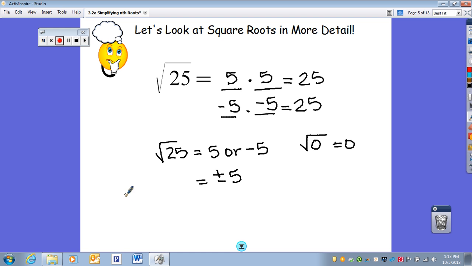Now the other thing we need to talk about is if I were to take the square root of a negative number. Let's say I'm going to take the square root of negative 4. To answer that question, we want to know what two numbers times themselves will give us negative 4. Well, that isn't possible because I would have to take a negative 2 times a positive 2 to get negative 4. And these are two different numbers, so it's not a number times itself.